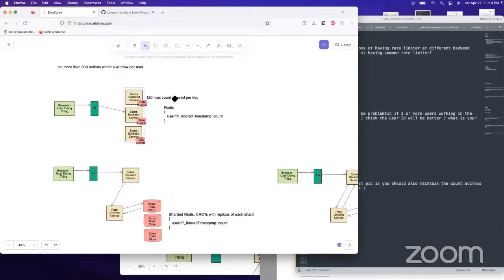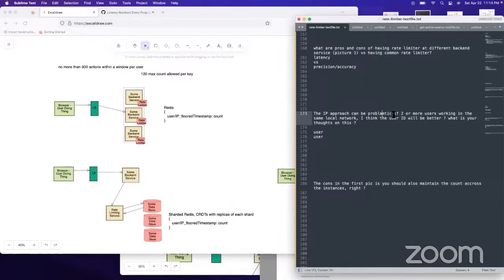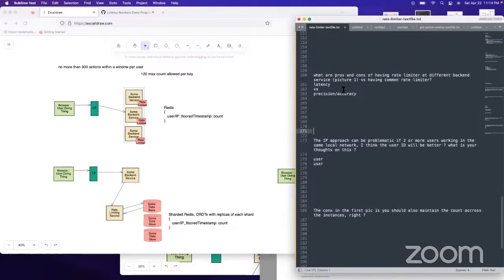You're giving up accuracy and precision of your rate limiter. You're not getting 300 on the dot allowed within the window when you're going with picture 1. And in certain scenarios, fairness might be a lot more important. I guess that's another trade-off. Wow, typing was awful there.